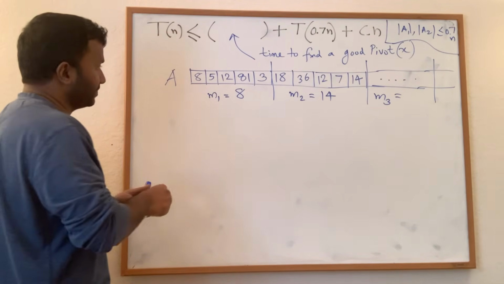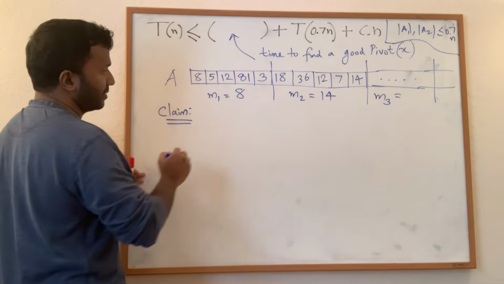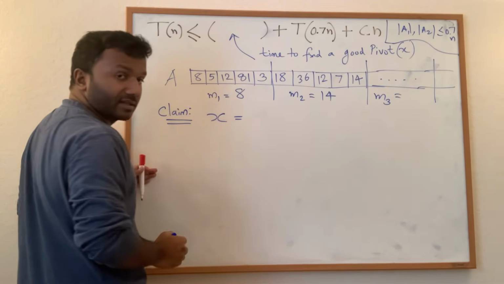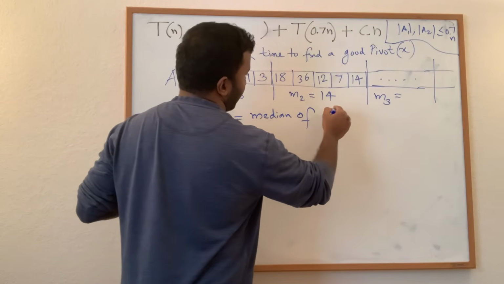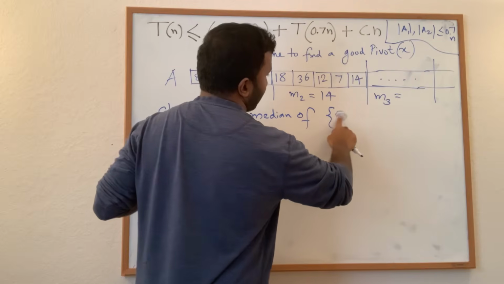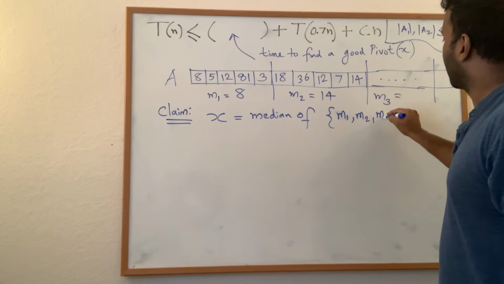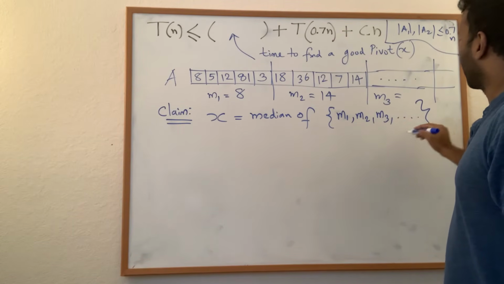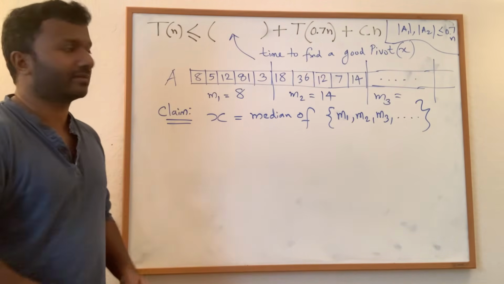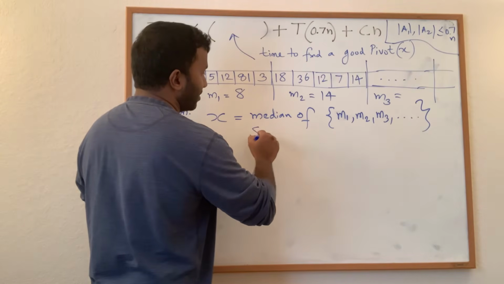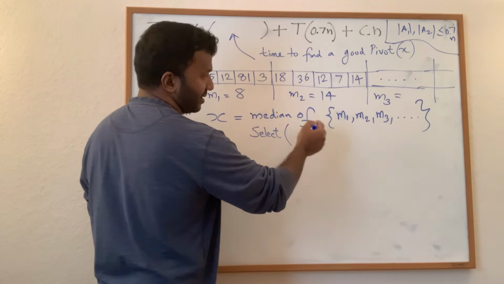Now my claim is this. The claim is that X is going to be the median of these numbers. As we know, median is nothing but select. Basically select this set.